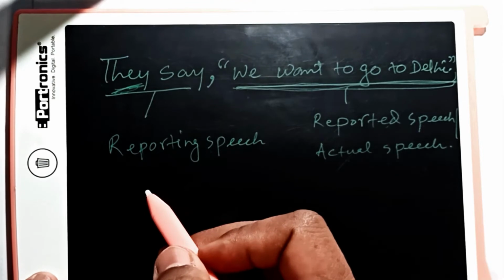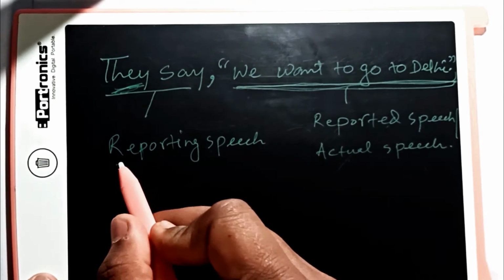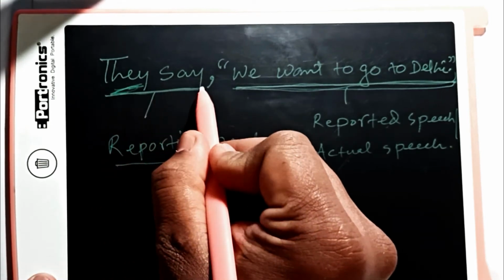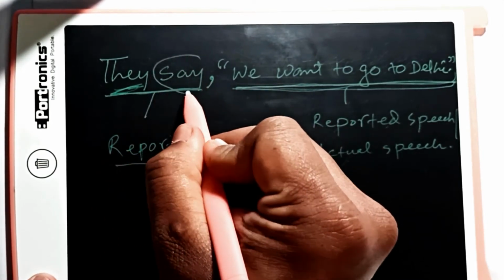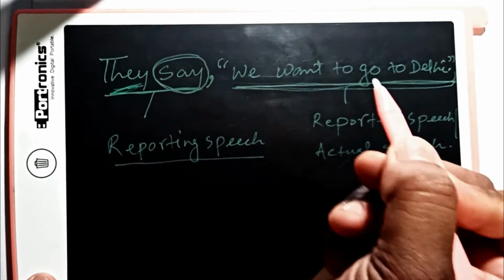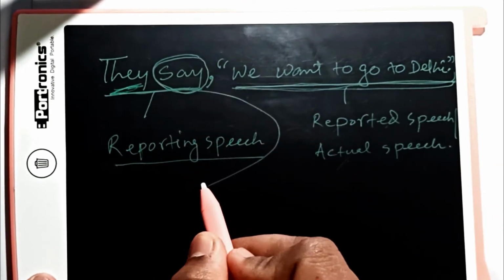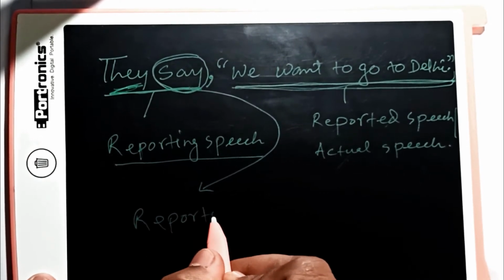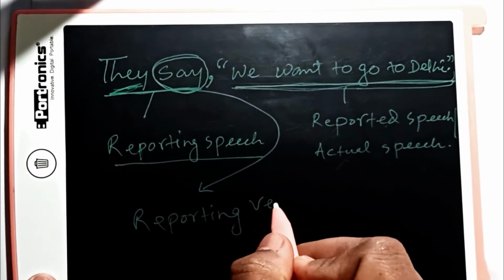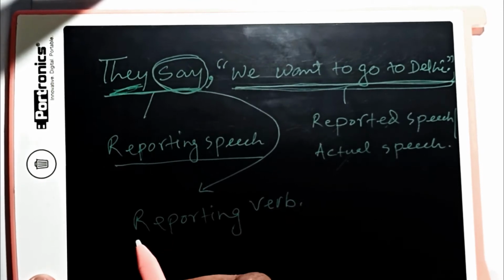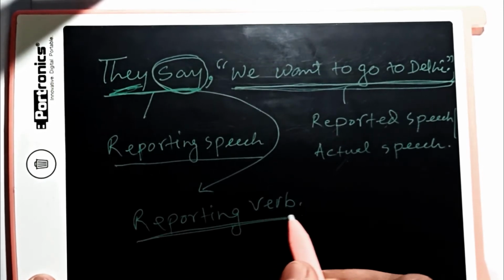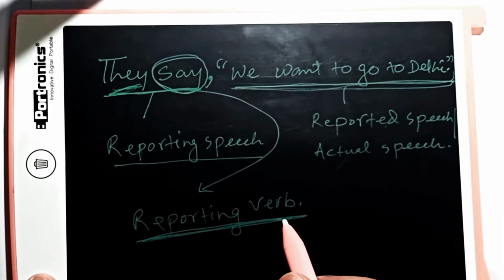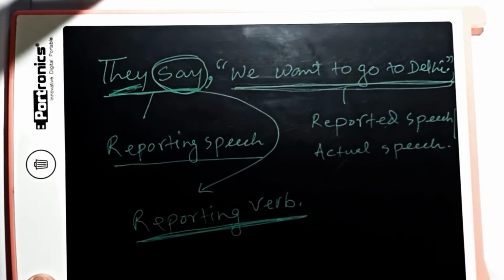Now we have another thing here within the reporting speech. Within this reporting speech, we come across a verb. This is the verb, and we call this verb reporting verb. Now you need to keep in mind this particular thing, because we are going to work with this often in our discussion.